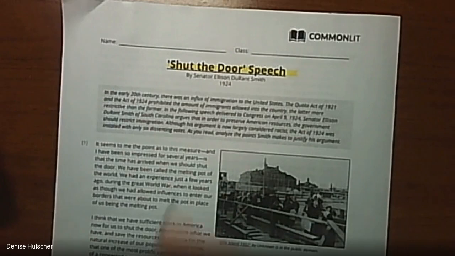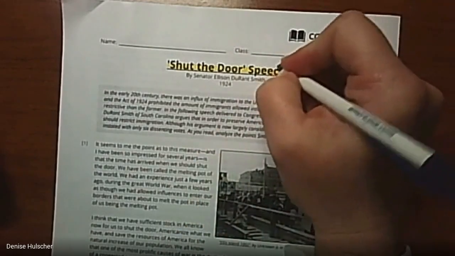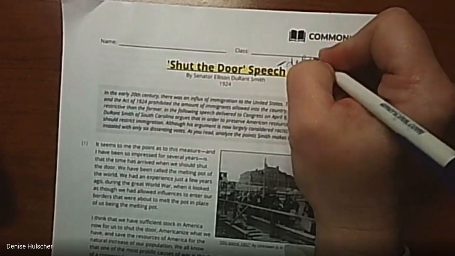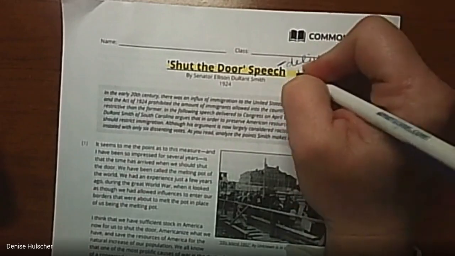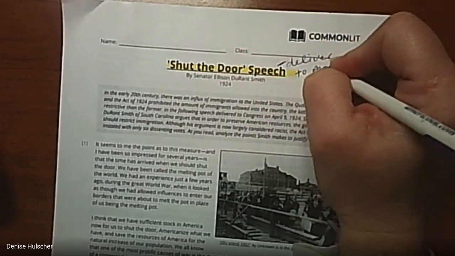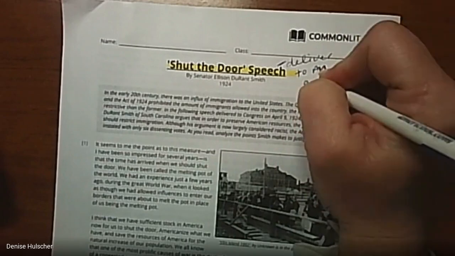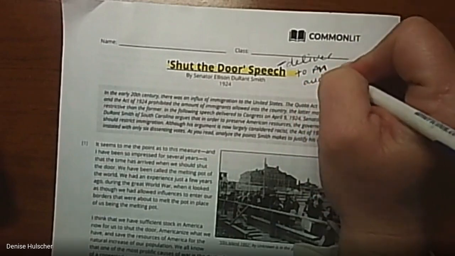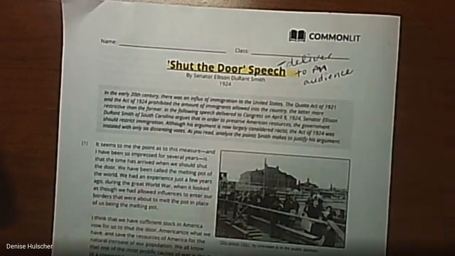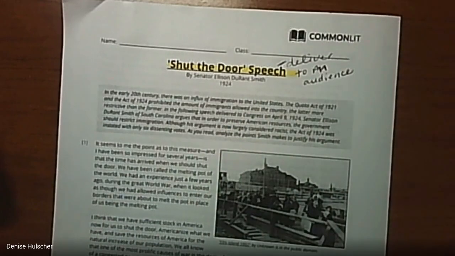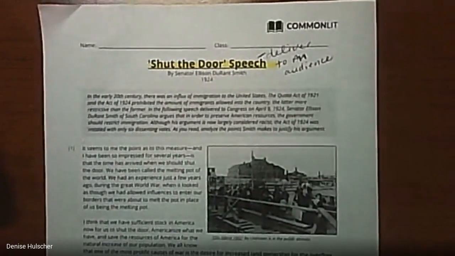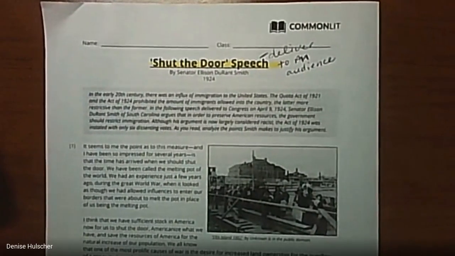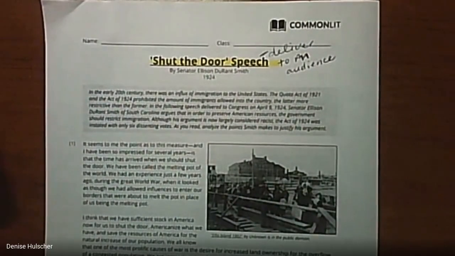Right away, I know a speech is something that we deliver to an audience. Now, when we deliver it to an audience, we have an intended purpose. We're going to determine what that purpose is here in just a little bit.